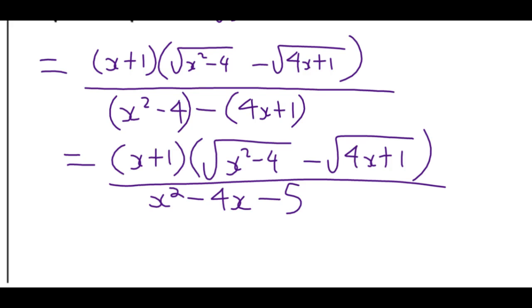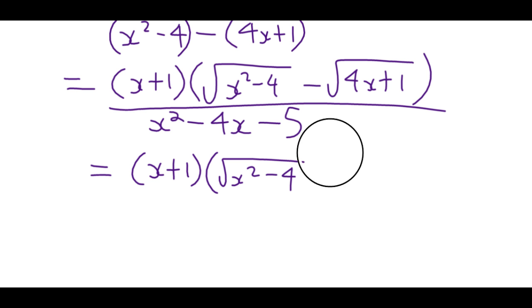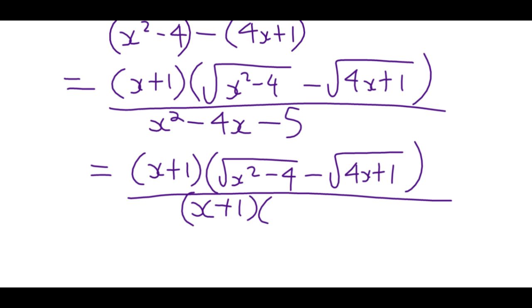I bet you we can factor that and get one of these factors to be x plus 1, so they'll cancel. So we got x squared minus 4x minus 5. Cross those off.